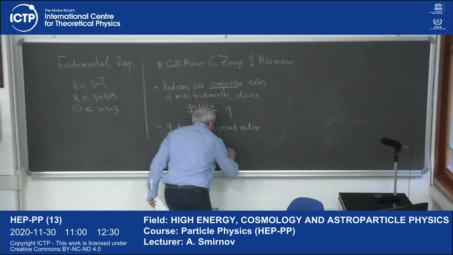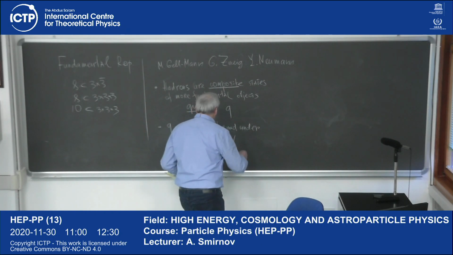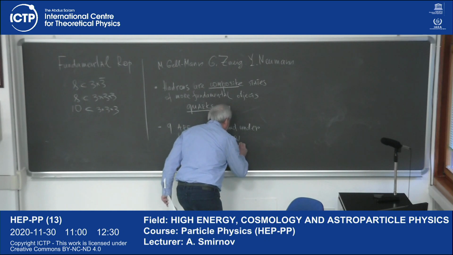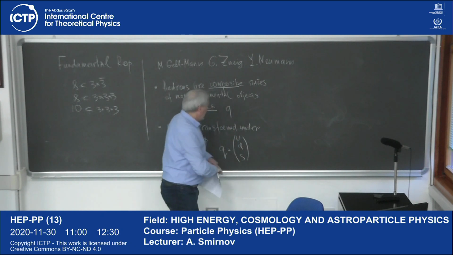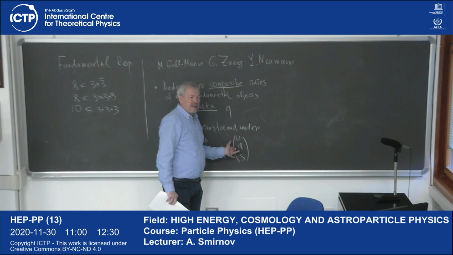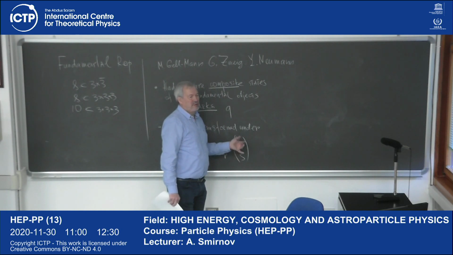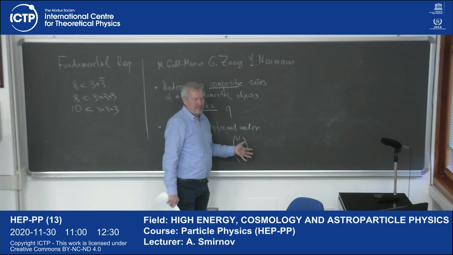So, there are three quarks, which we denote as U, D, and S. And this triplet transforms under the triplet representation of the SU3 group.